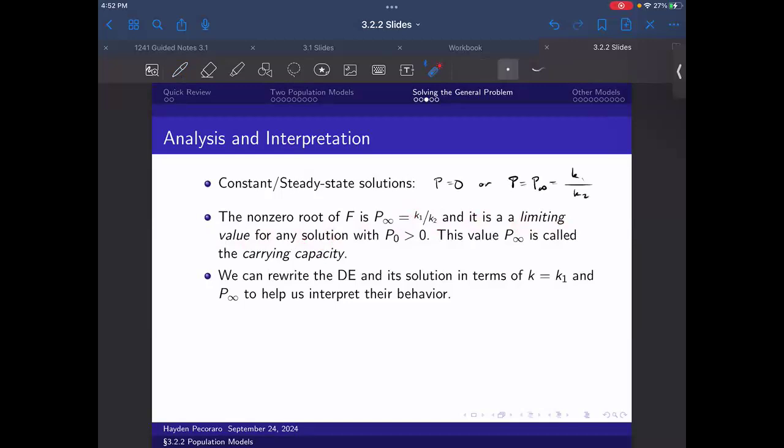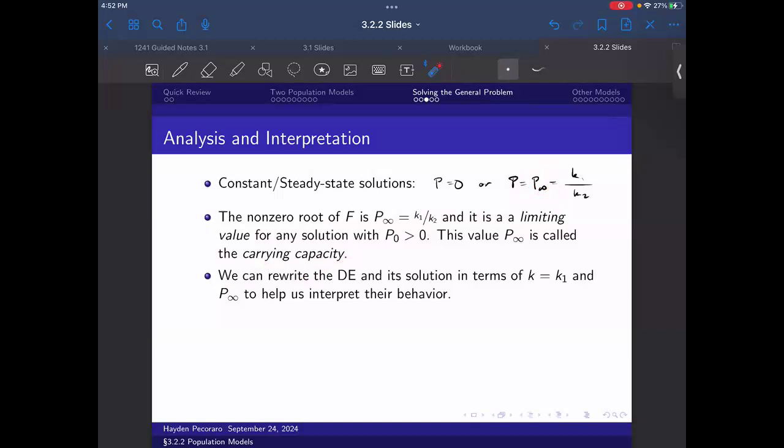If you have a population that starts above this number, then the population will start to decrease towards that number. Right? So this is where everybody wants to go. It's our happy medium. It's called the carrying capacity.